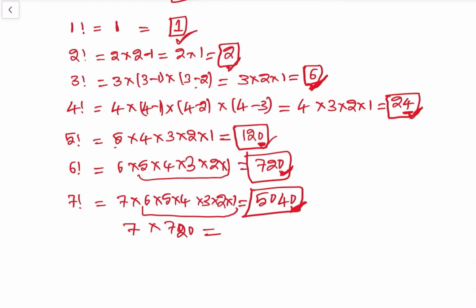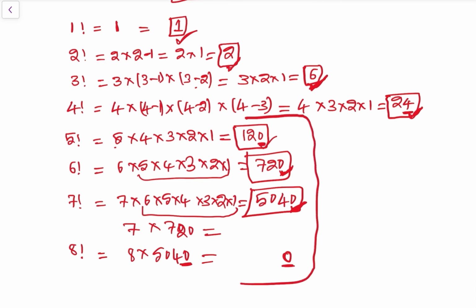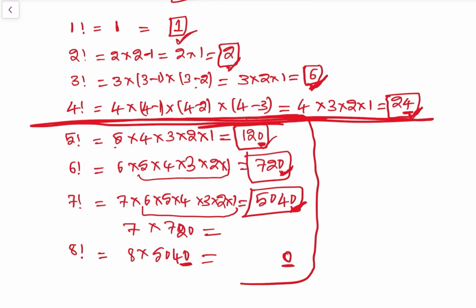And 8 factorial, if we take, that is nothing but 8 into 5040. Since the unit digit is 0, we already know, multiply 0 with anything, the unit digit will be 0. ठीक है. So one thing we can say is कि after 4 factorial, the unit digit of any factorial will be 0.